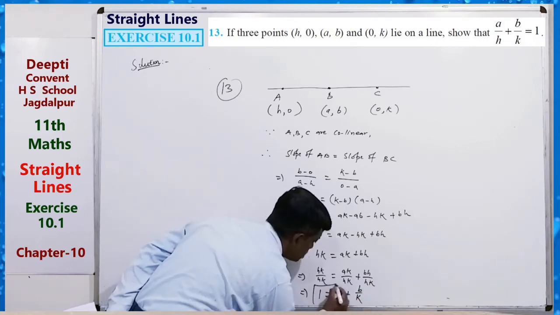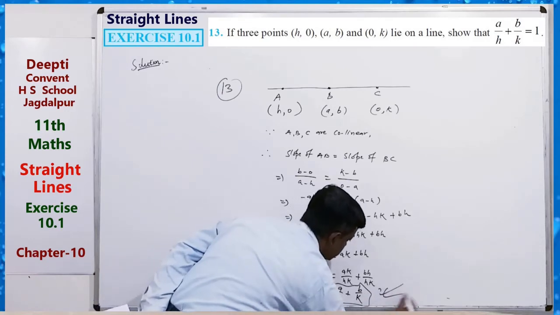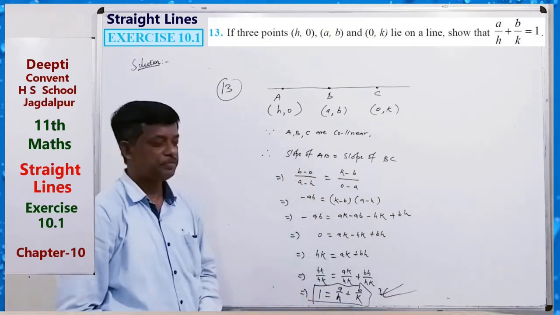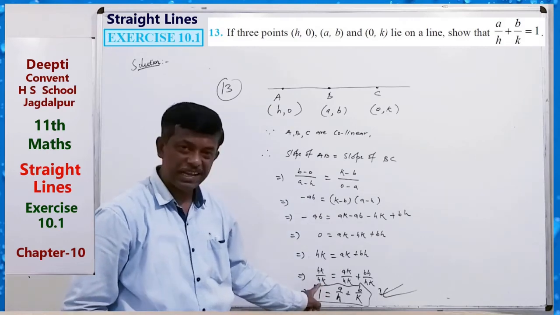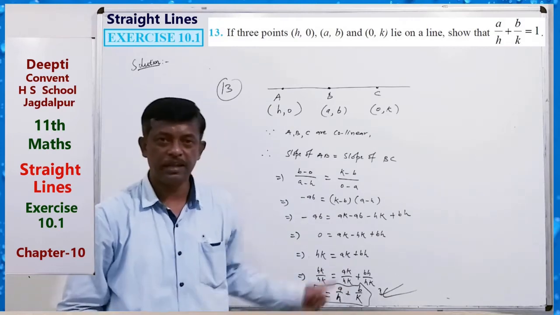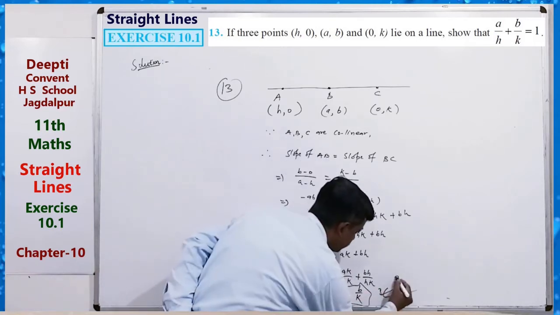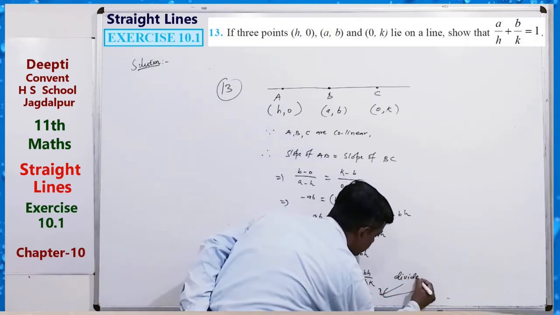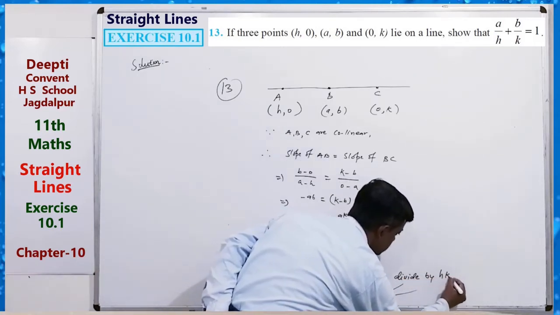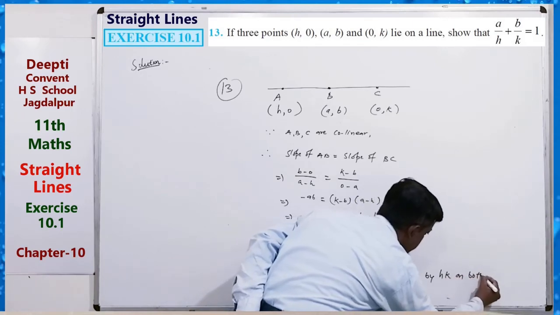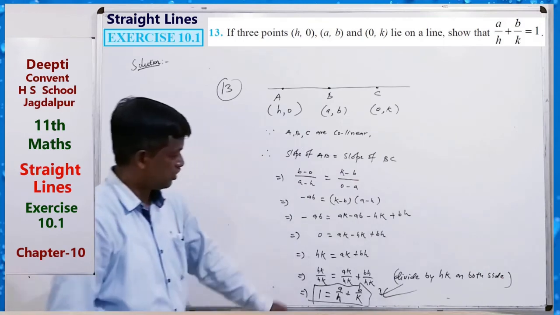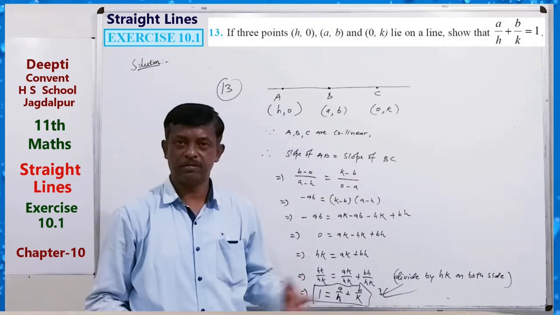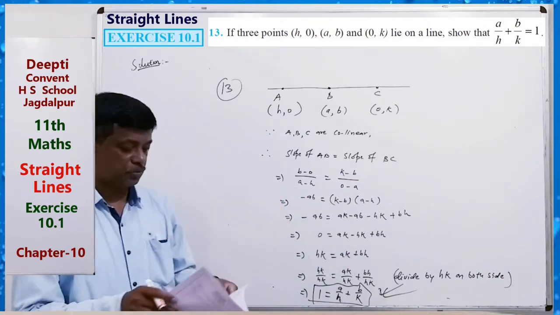This is the relation. Clear? So 1 equals a by h plus b by k. Hence proved.